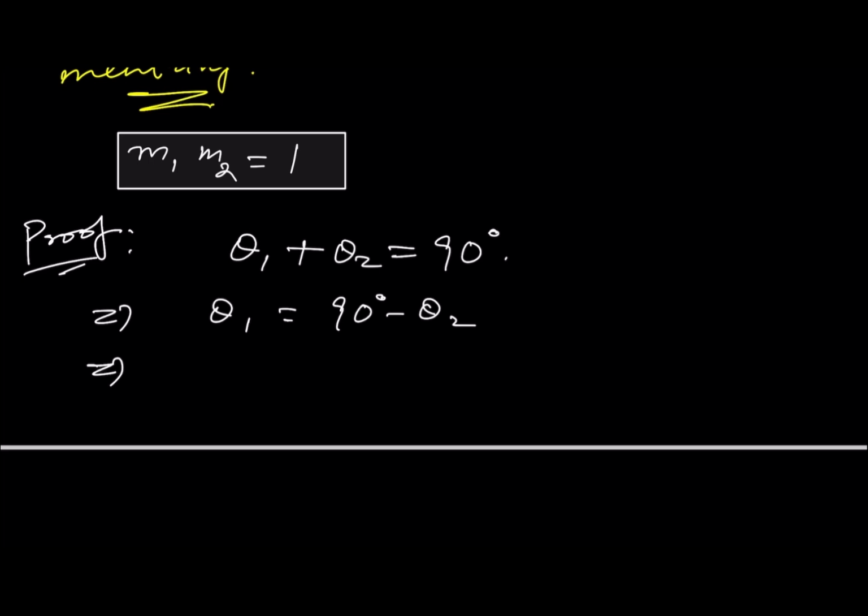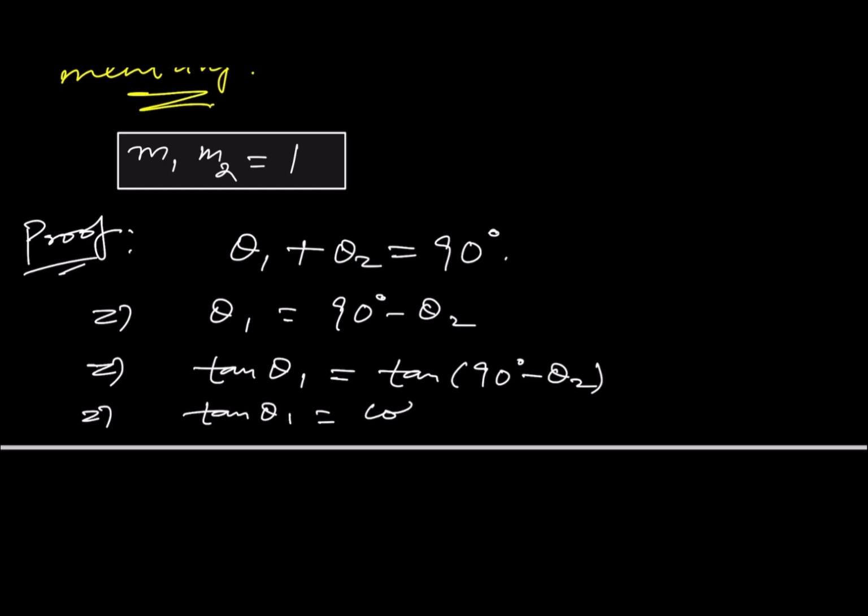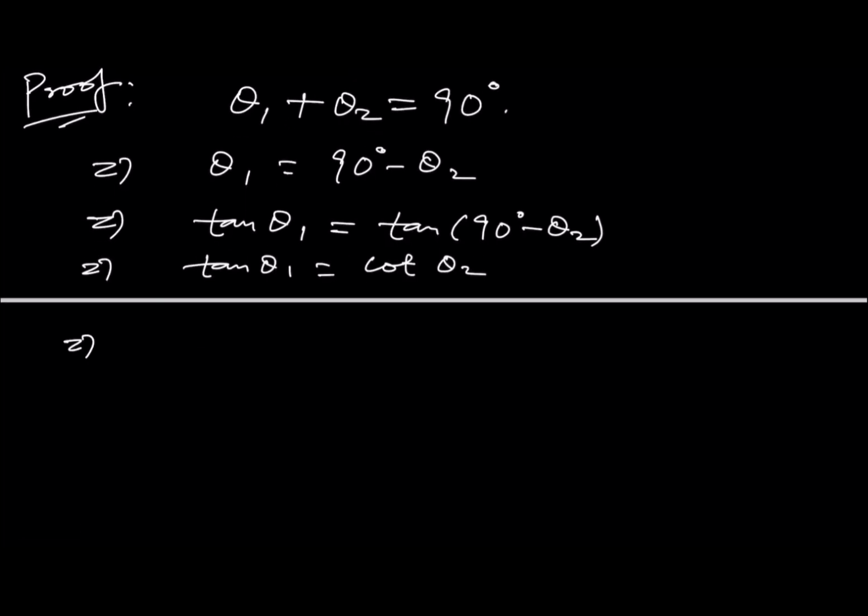Or tan theta 1 is equal to tan of 90 minus theta 2, means tan theta 1 is equal to cot theta 2, or m1 is equal to 1 by m2, means m1 m2 is equal to 1.